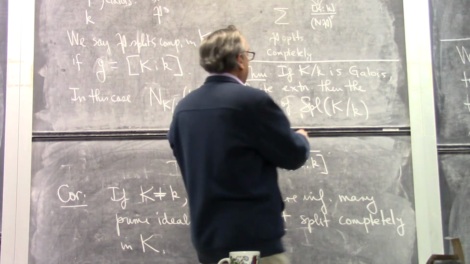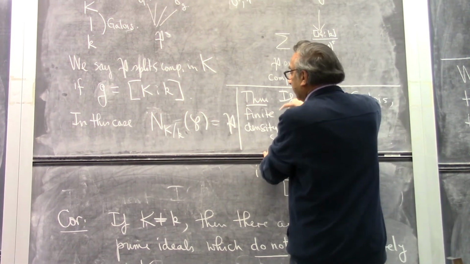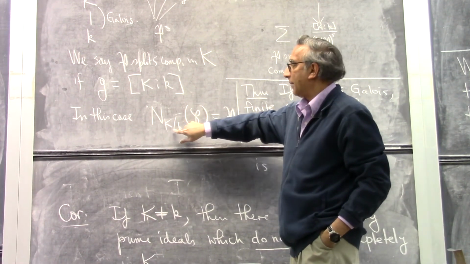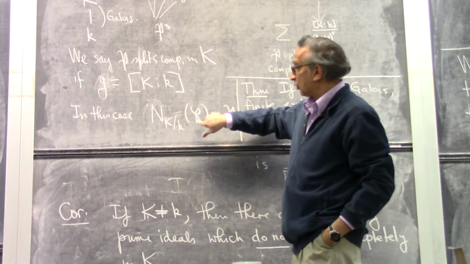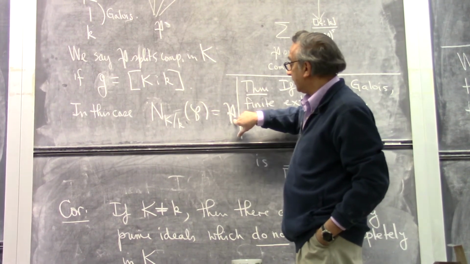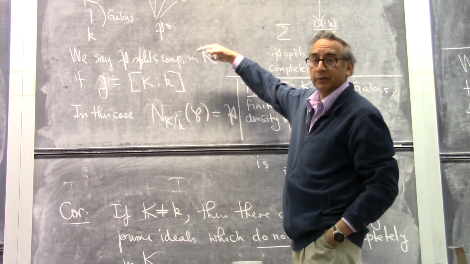If that's the case, we see from this remark here that the norm from capital K to little k of script P is German P. Therefore, each of these prime ideals is a relative norm of a prime ideal upstairs in those cases.